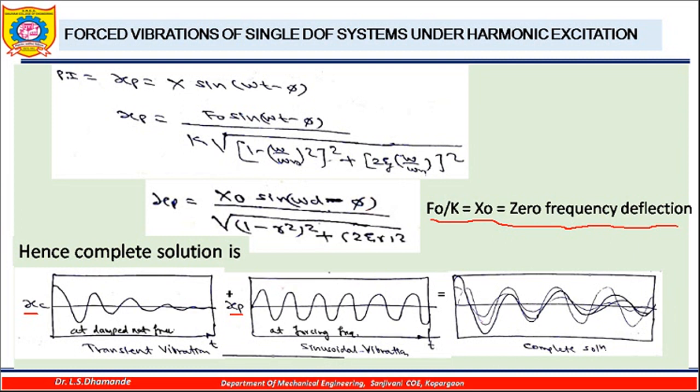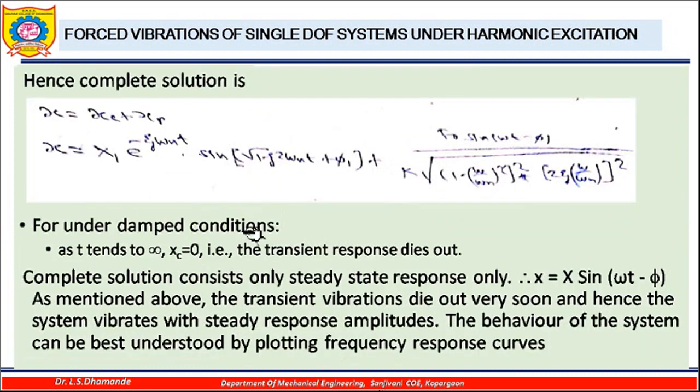Now the complete solution, xc plus xp, will be equal to, suppose we got the value of xc as x1 e raised to minus zeta omega n t into sin of (under root 1 minus zeta square into omega n t plus phi 1), plus F0 by k times this root, multiplied by sin of (omega t minus phi). This is the complete response for the forced vibrating single degree of freedom system under harmonic excitation.